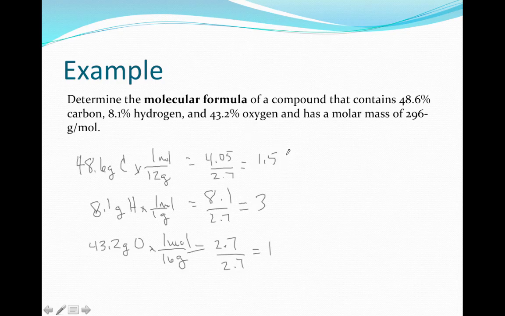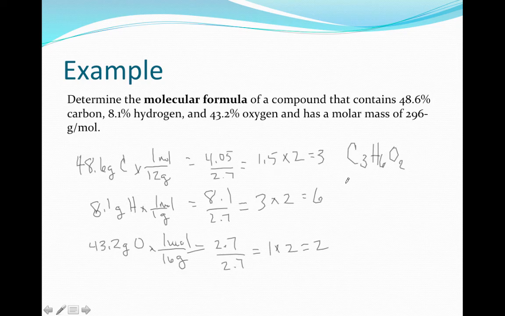So as you can see, we're going to multiply by a factor of 2, and if you multiply 1.5 by a factor of 2, you have to multiply them all. So as you can see, our empirical formula will be C3H6O2.